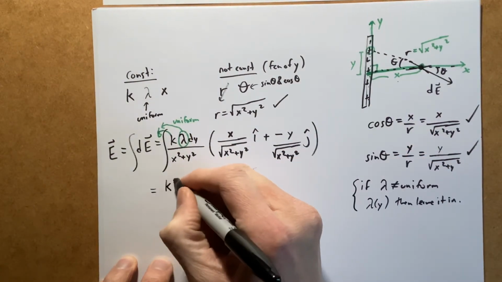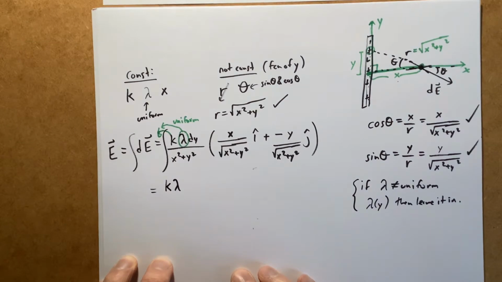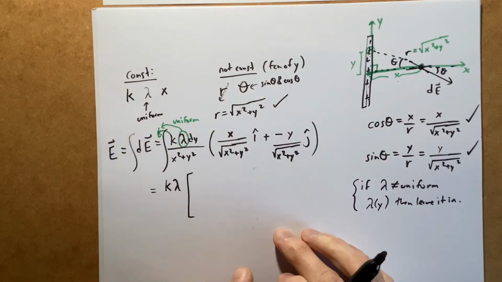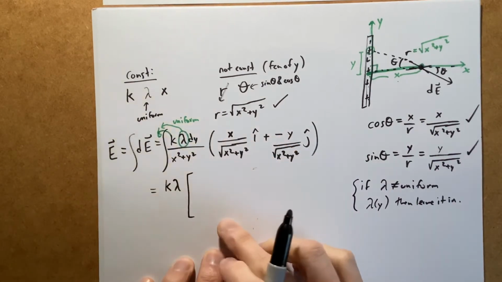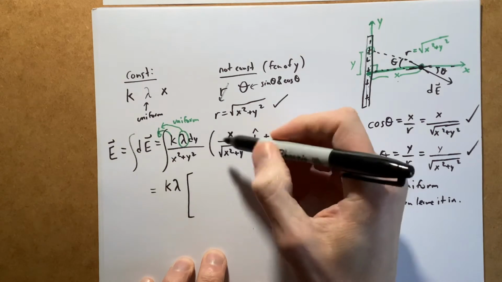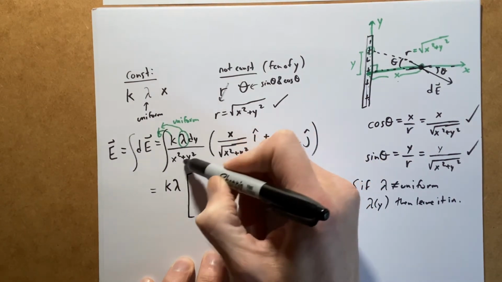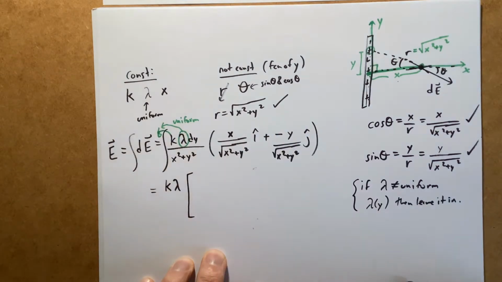But anyway, let's pull those guys out. K lambda, okay? And let me consolidate some of the rest of the stuff. Nothing else comes out of the integration from over here, but let me multiply what's remaining through here. So the dy and the x squared plus y squared.